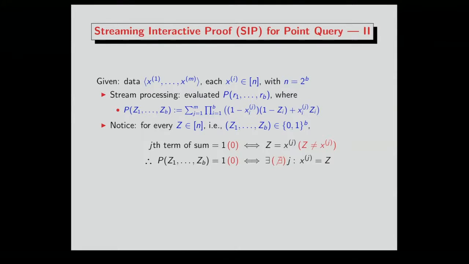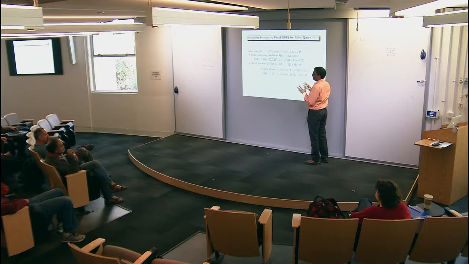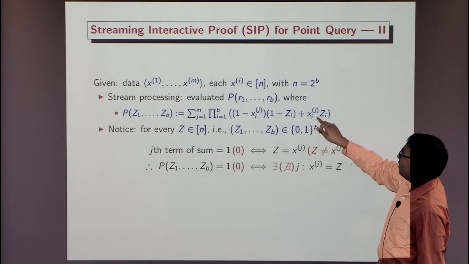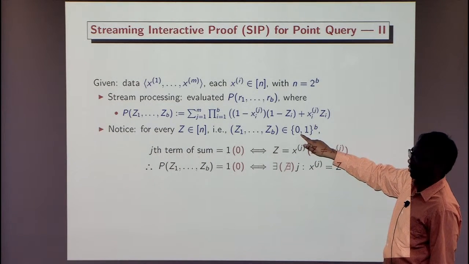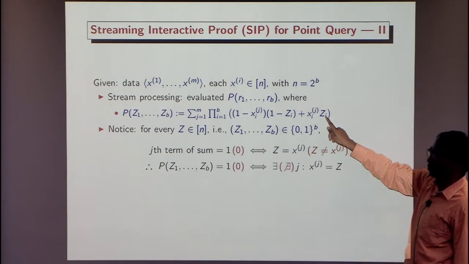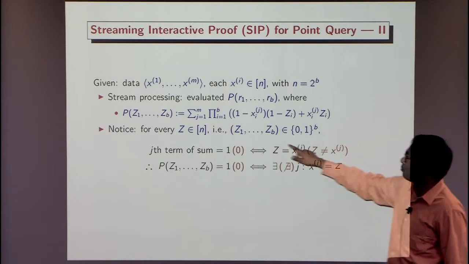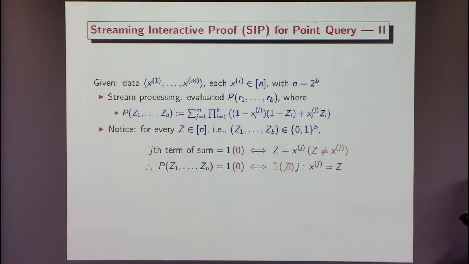These xji represent the bits of the items that appeared in the stream, so they are binary representations of the integers that appeared in the stream. Most importantly, each xji is either 0 or 1. Now if I think of plugging in zi's as 0 or 1, then it's easy to check that this little expression tells you whether xi is equal to zi. So it's just a simple equality test. Therefore the product tells you whether the tuple z1 through zb is equal to the tuple x1 through xb.